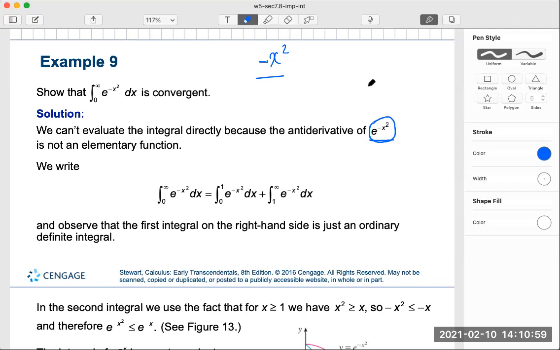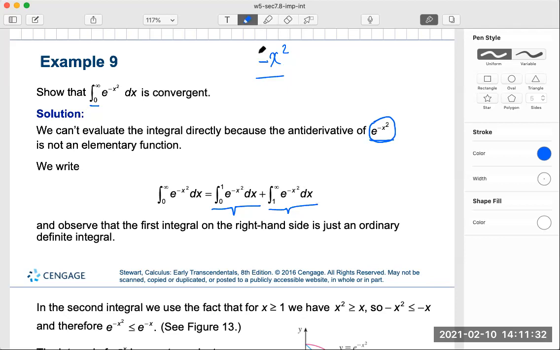We can definitely do it, but we have to divide it into two parts. Here, we can separate this guy. The integral is simply a sum, right? When x goes from 0 to infinity, we separate it into two parts, this part and this part, okay?